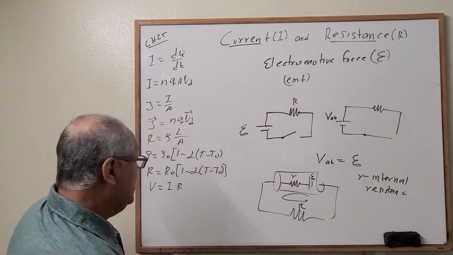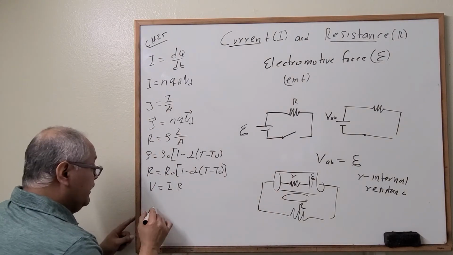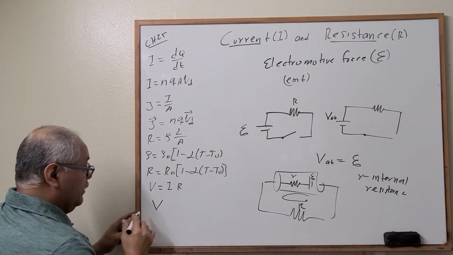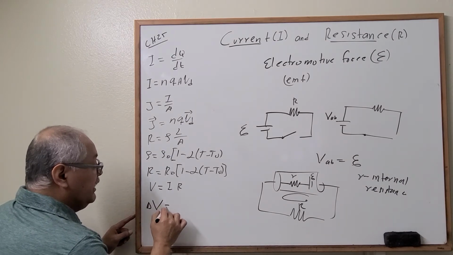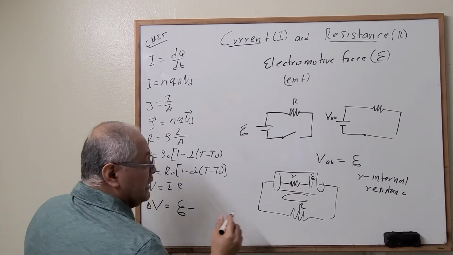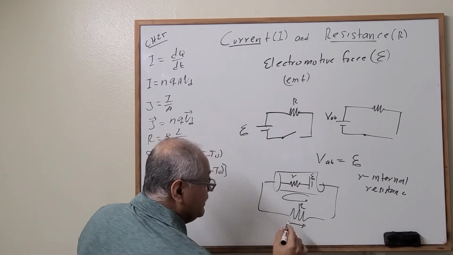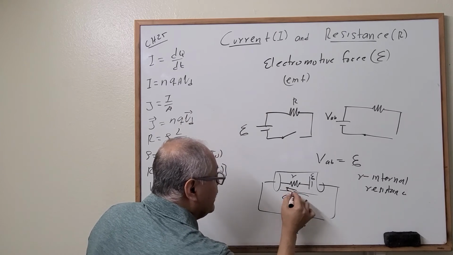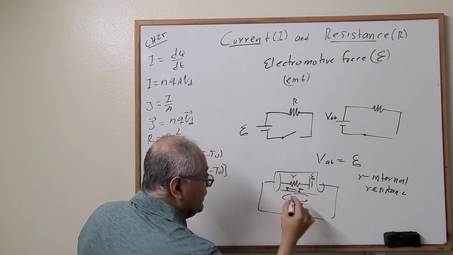So in general, the voltage, or potential difference, is equal to the electromotive force minus, because here we have a current in this direction, the current times the internal resistance.